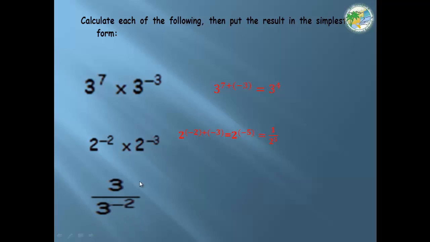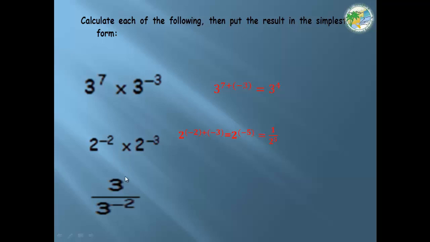3 over 3 power negative 2. We can answer in 2 steps. We can change the place of the number, so it becomes 3 times 3 power 2. Or we can use the last rule: if we divide two numbers with the same base, we subtract the powers.